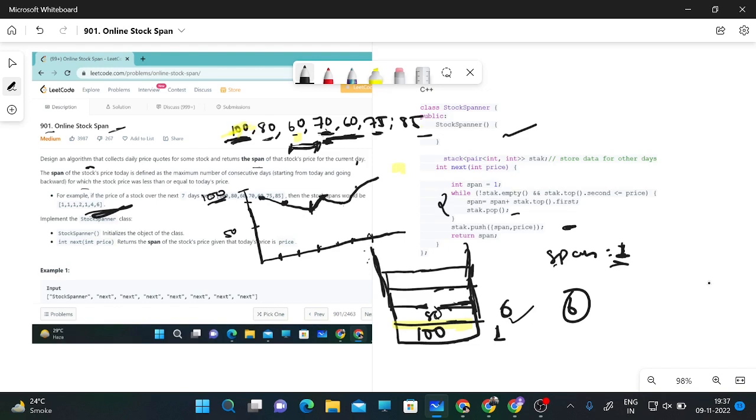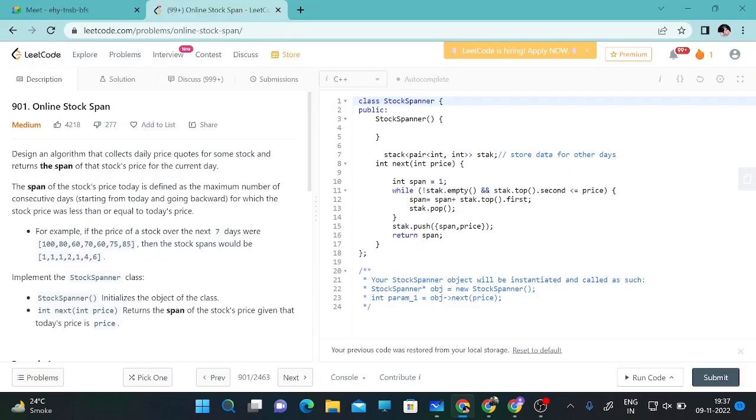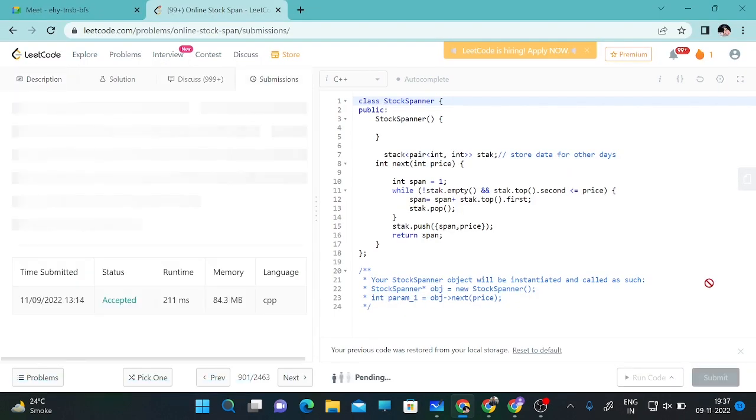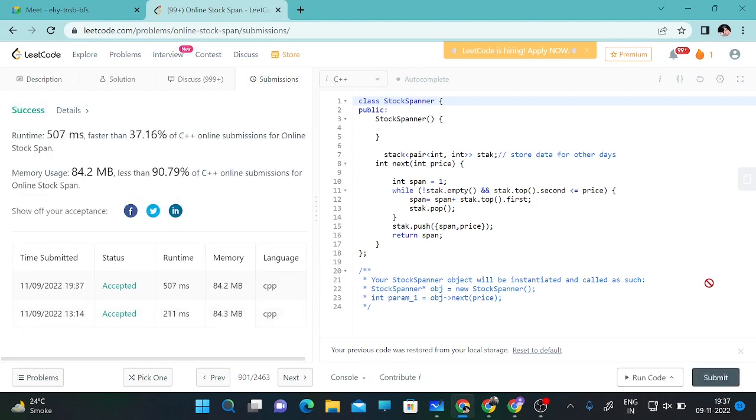We are popping the value and we are adding the span of the current day and the span of the previous days. We are adding, and we are pushing the stack value and span, and we are returning the span. It's simple. So we will learn the code. Thank you.